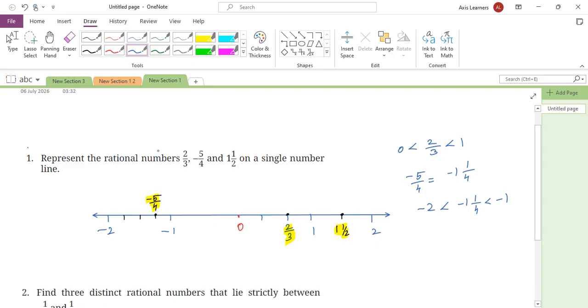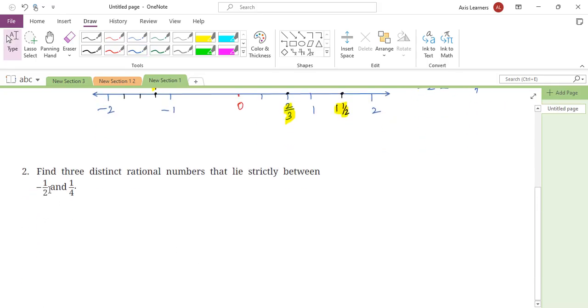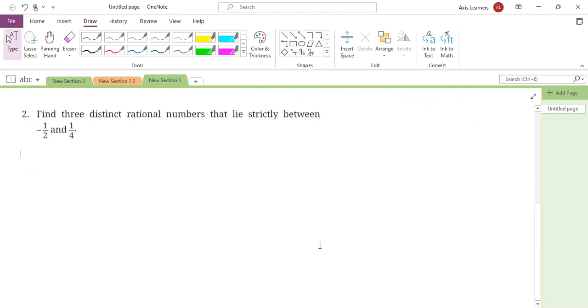When you see this chapter's introduction, it is mentioned there are infinitely many numbers lying between two integers. So there are so many rational numbers lying between two integers. Now we have two rational numbers. In between these two rational numbers, we need to find three distinct rational numbers.